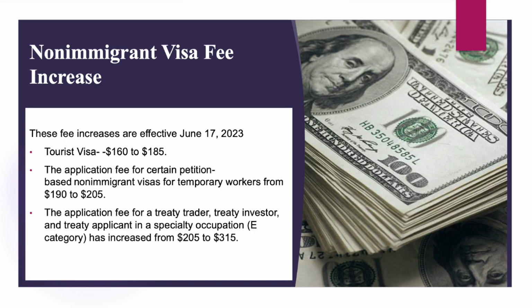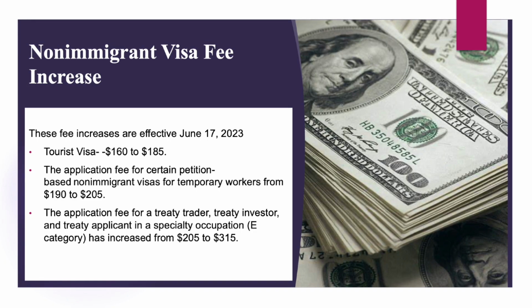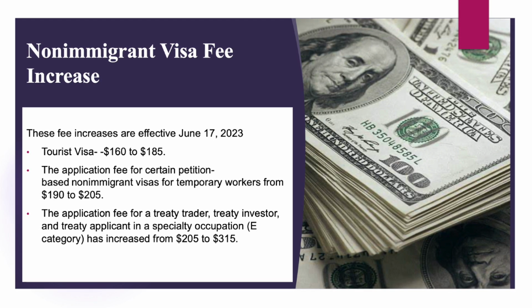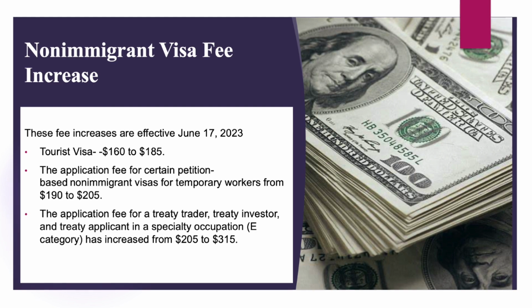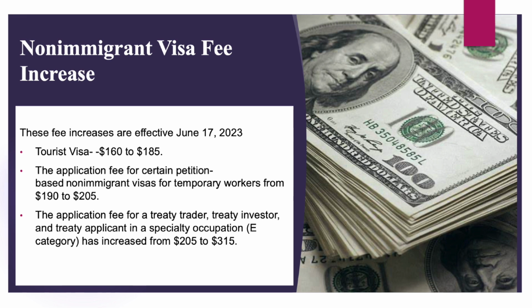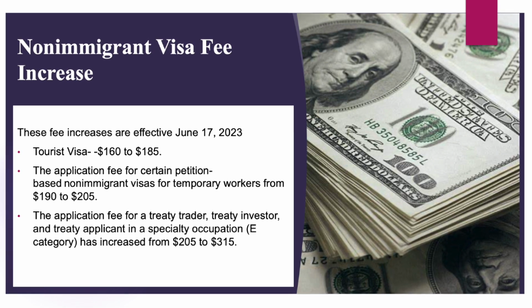All right, so guys, there's some big increase when it comes to different types of non-immigrant visa. Here is how much the increase is. These fee increases are effective June 17, 2023, which is today. The tourist visa, we all know that we need to pay $160 and fill out the form DS-160.